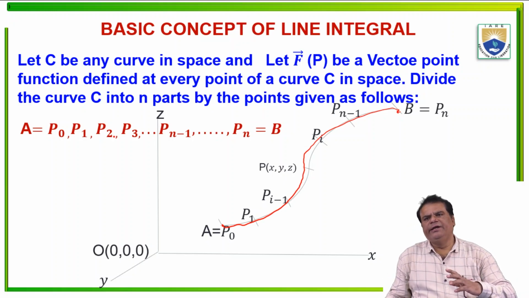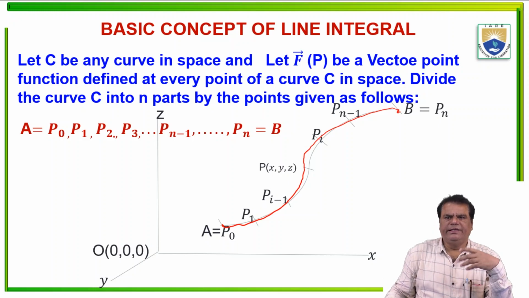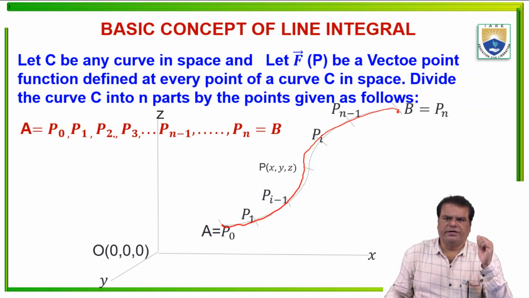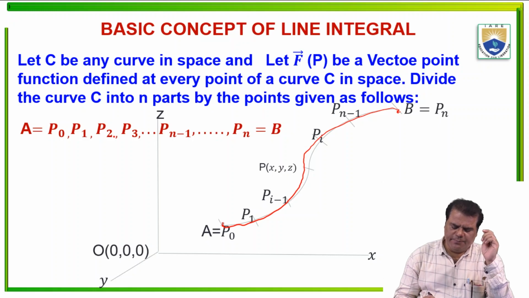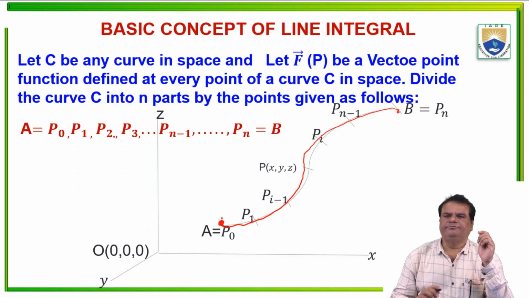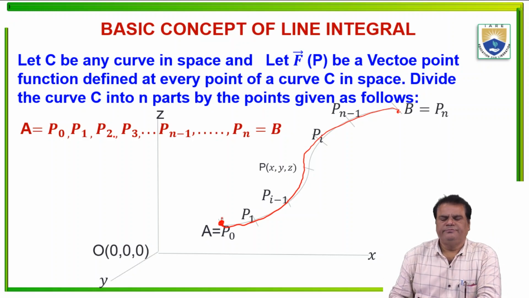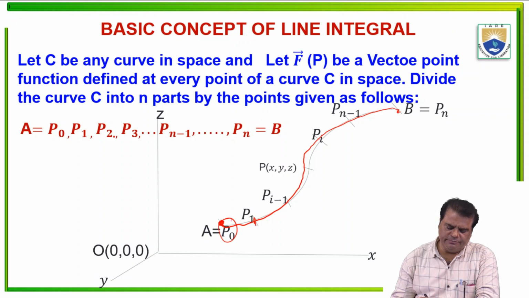And we want to find the integral along this curve. The starting point of the curve is A, so the position of the point is P0. Next one is P1.